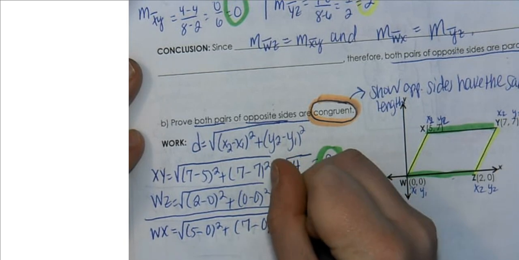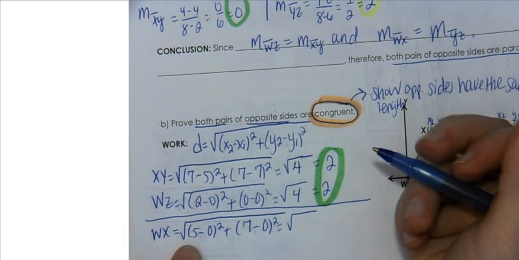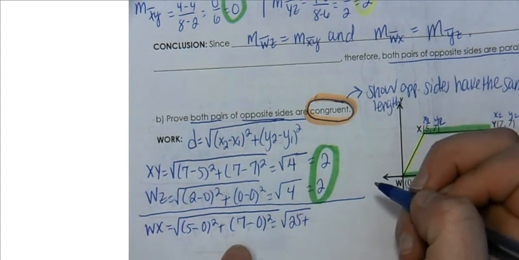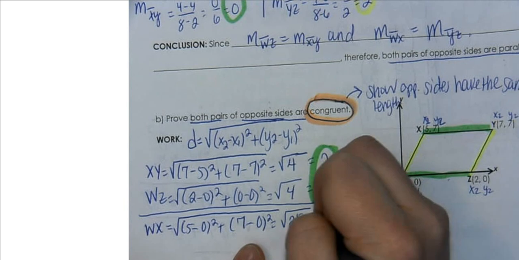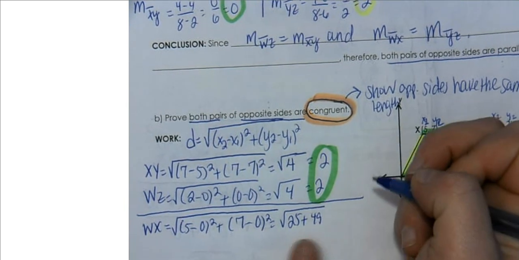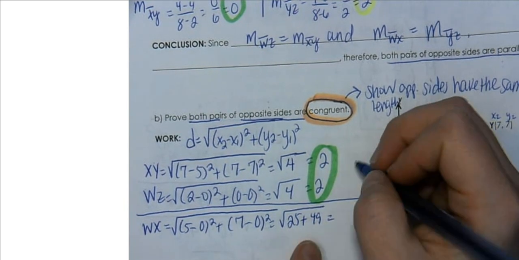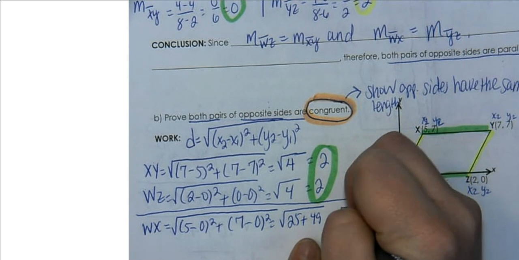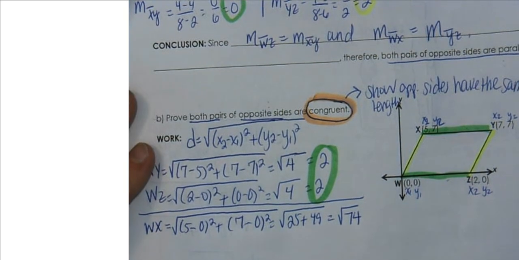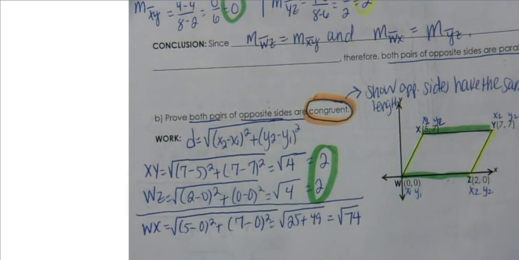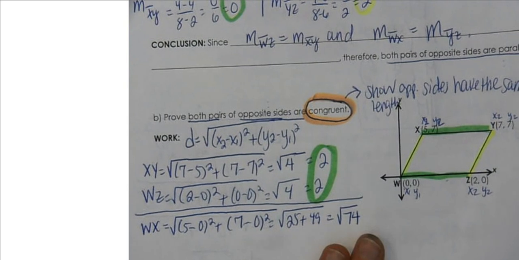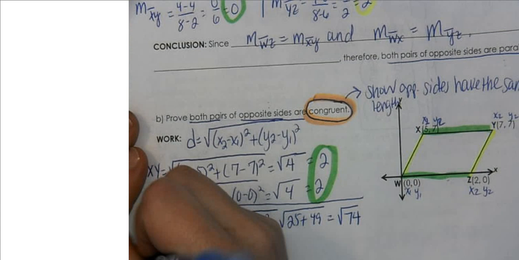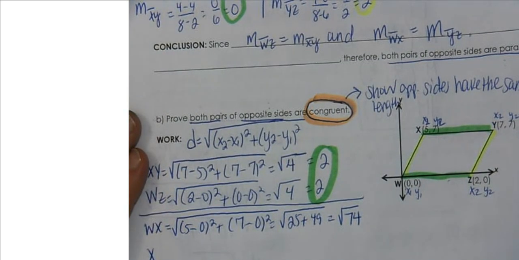So this is equal to 5 minus 0, which is 5, 5 squared, which is 25, plus 7 minus 0, which is 7, 7 squared is 49. 25 plus 49 is equal to 74. And 74 doesn't have any perfect square factors, so we're simply going to leave it in simplified radical form of the square root of 74. Our last side that we need to look at is YZ.